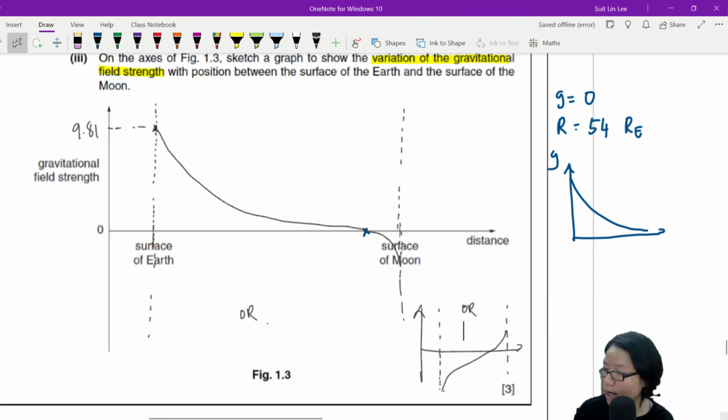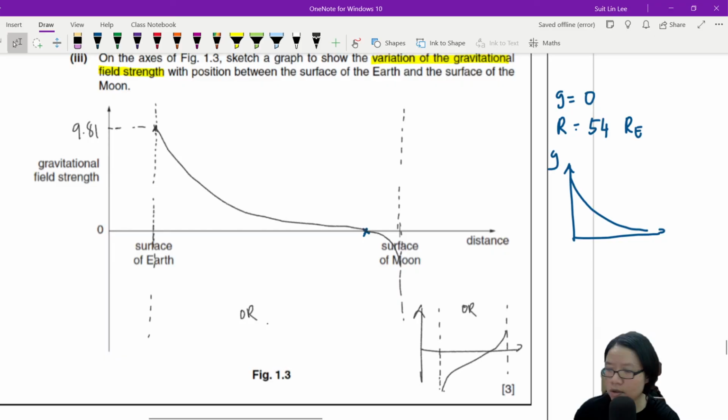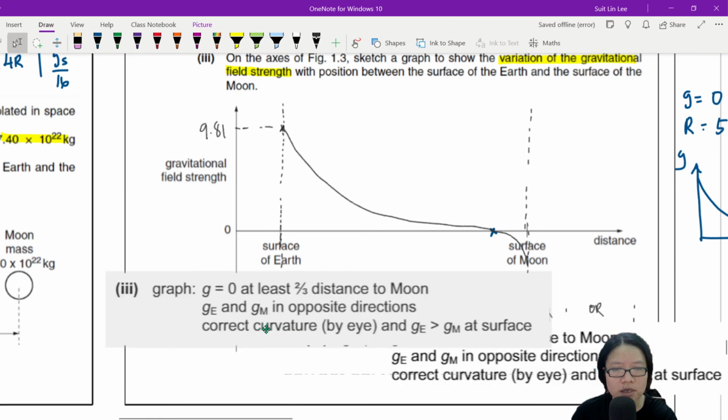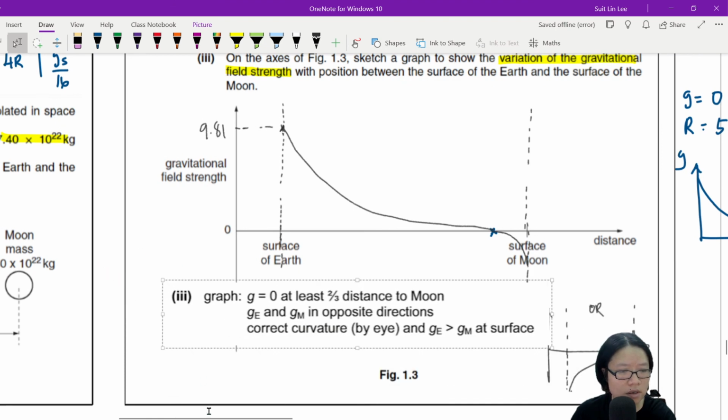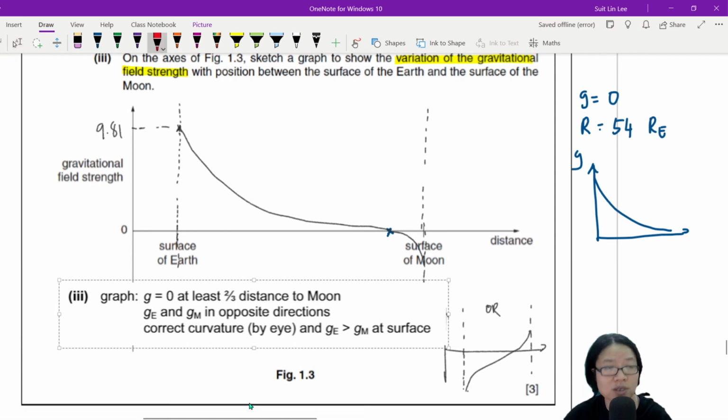And where are our marks? Let me crop out the mark scheme for you. So this is the marks allocated. G equal to 0, at least 2/3 distance of the moon. So this part is correct.